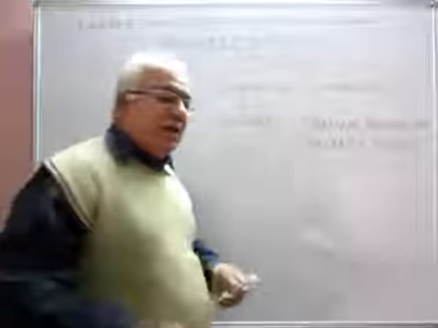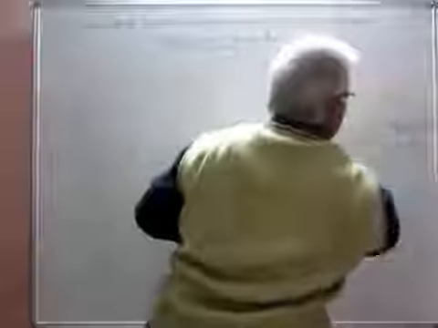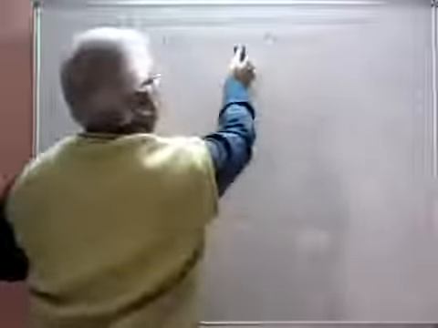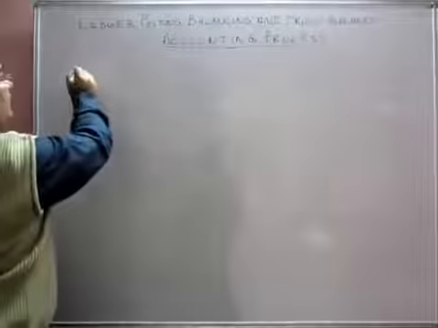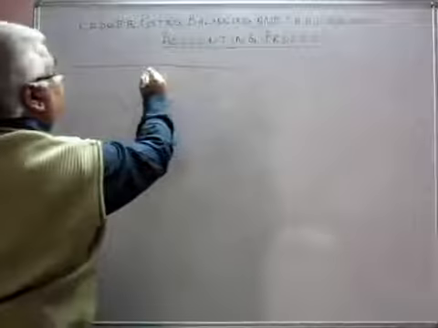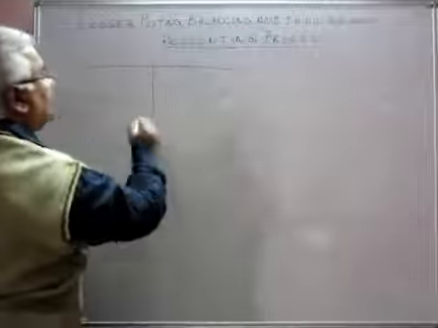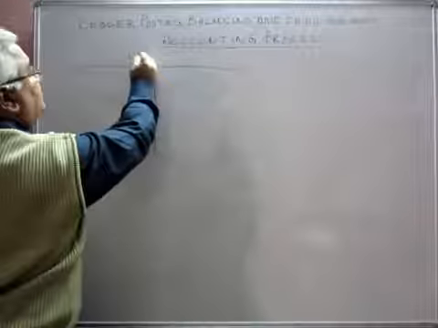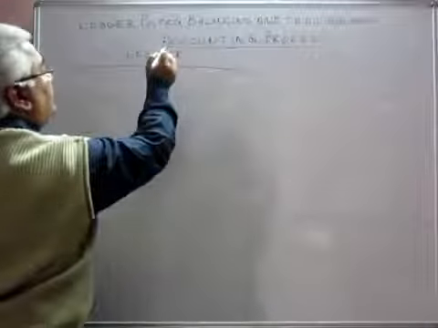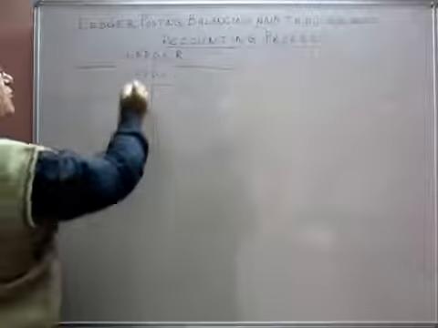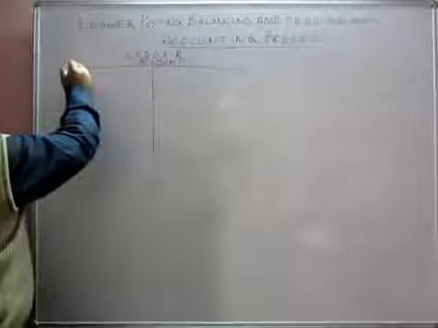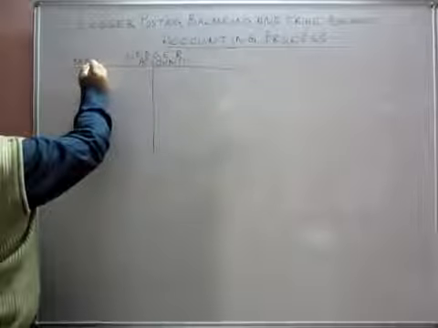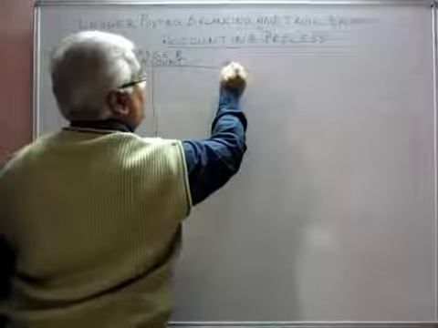Let me first of all tell you about posting in the ledger. First of all, you must know the format of the ledger. For example, if this is an account, it has two sides. This side is called debit side and this side is called credit side.